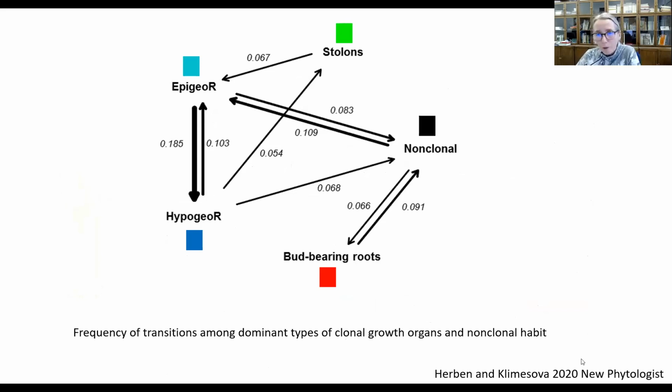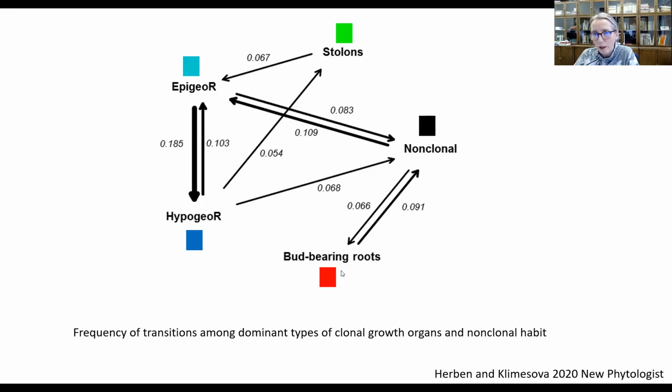We know from analysis of Central European flora that these organs in phylogeny are flexible, with transitions from non-clonal plants to clonal plants. And we have two types of clonality which are independent. One is clonality based on bud-bearing roots, on adventitious sprouting from roots.